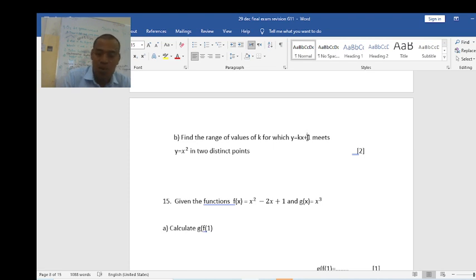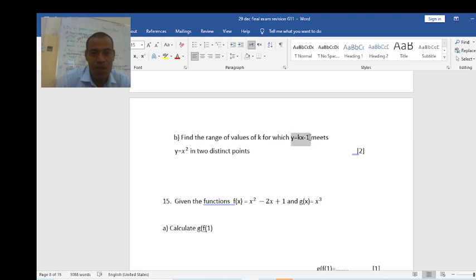So I will use b squared minus 4ac. You are going to substitute y equals kx minus 1 in equation 2.